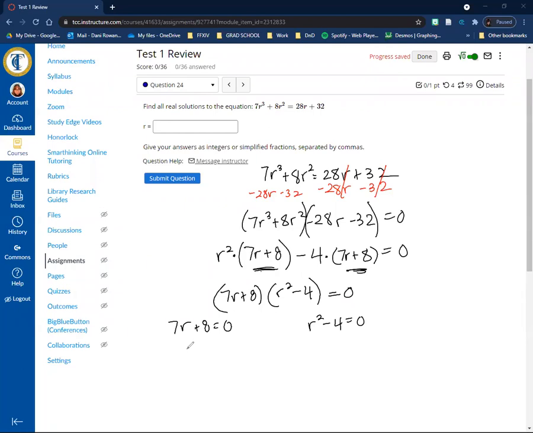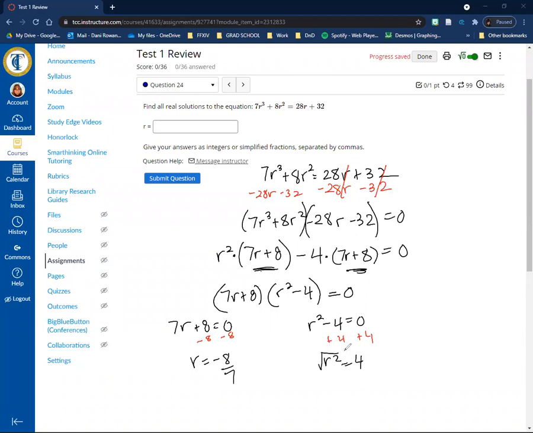For 7r plus 8 equals 0, what does r equal? Negative 8 over 7. Yep, that was done by subtracting 8 from both sides and then dividing by 7. Good job. How do we solve for r squared minus 4? You add 4 to both sides. Yeah, good job. So we have r squared equals 4.